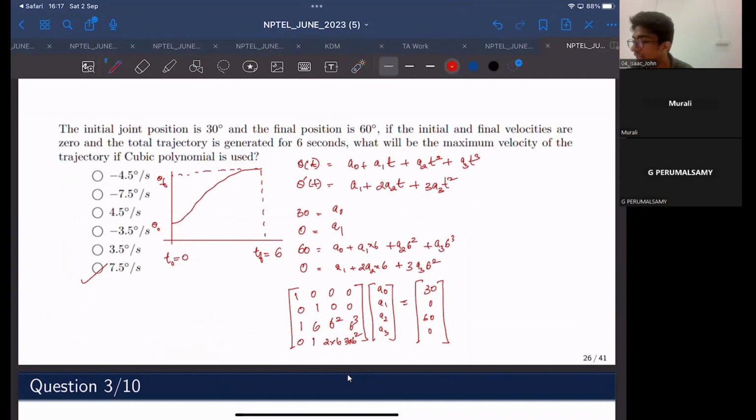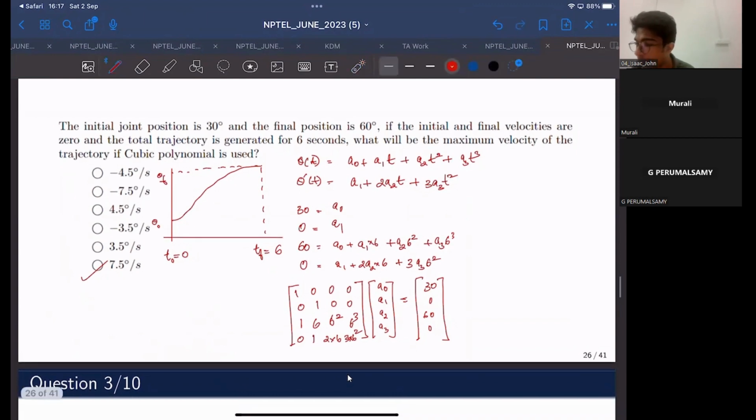If you search Octave in Google, you can get an online interface of Octave. You can plug in these matrices to find this inverse. Or you can also use your own calculator, because I believe calculators also support finding the inverse of 4x4 matrices.